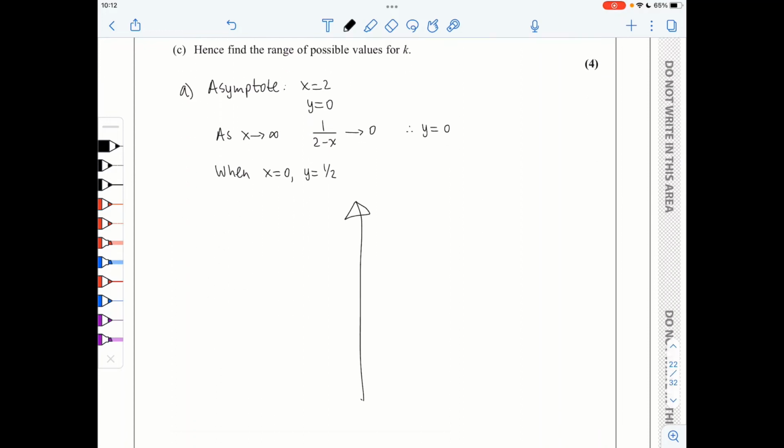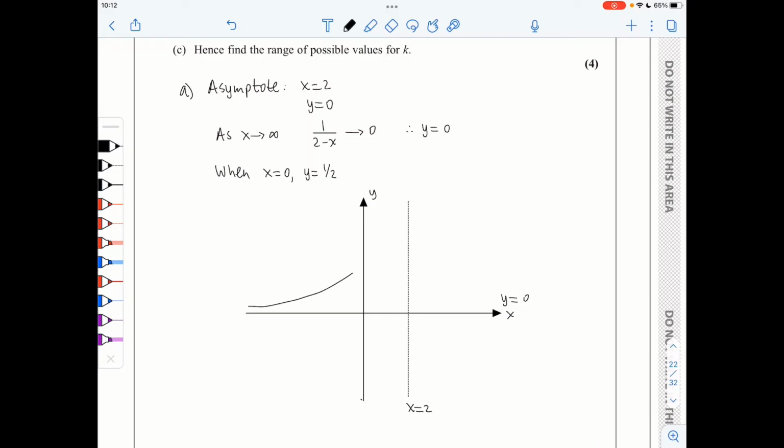We draw a pair of axes, x and y, and we will be adding first of all the asymptote at x is 2. It's a vertical asymptote. Remember, we need to provide the equation, so x is 2 and y is 0, and then it's like this with a cut at a half. That was part A for 3 marks.